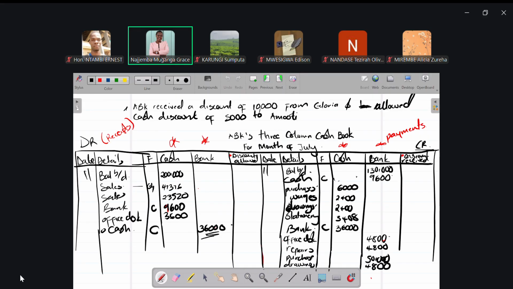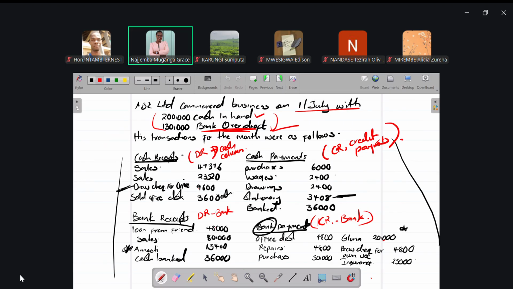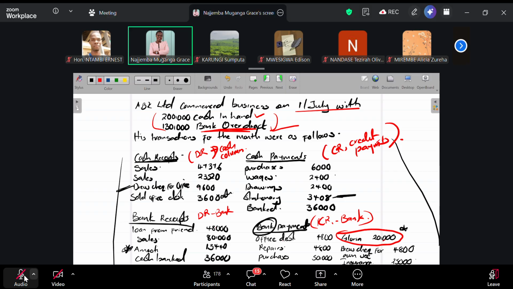So here we are. We have Gloria and Amoti. These are the discounts. What makes this a three-column cash book? We have been told that ABK received a discount of 10,000 from Gloria and allowed a cash discount of 5,000 to Amoti. When you move to the payments, we were supposed to pay Gloria 20,000.